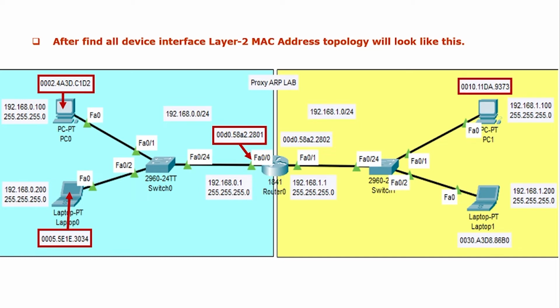And on the other network, PC1 should be 9373. That is the layer 2 MAC address of the system. For laptop 1, 86B0. For the interface located on the router, FastEthernet 0/1, 2802.